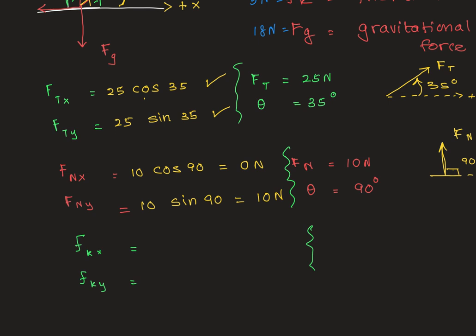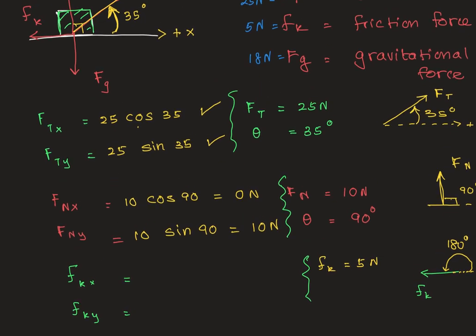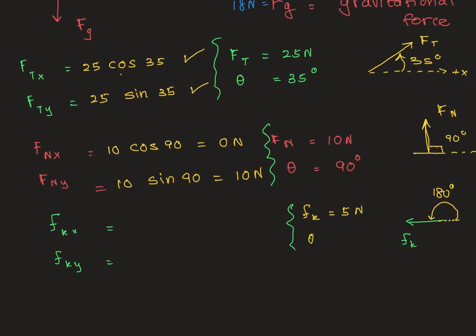First we draw the line to represent Fk, and then here goes the positive x-axis direction, and the angle goes all the way until we meet the line, and the angle is 180. Fk was given to you as 5 newtons, and the angle corresponding to that vector is 180 degrees.